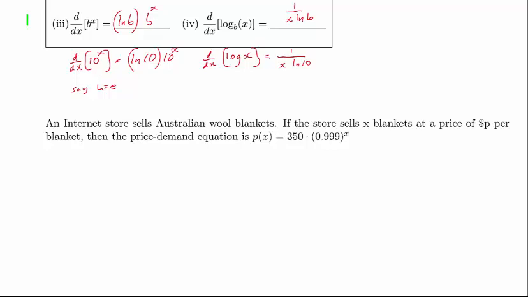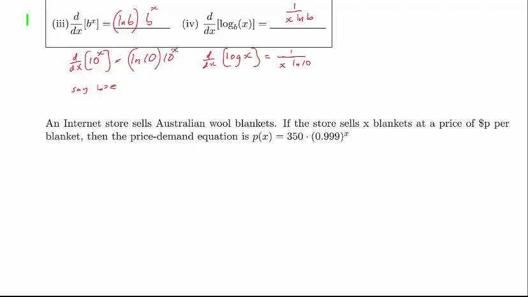All right, so in here we've got an internet store that sells Australian wool blankets. If the store sells x blankets at a price of p per blanket, then the price demand equation is given right here. And for this question, we want to know how the price changes as we increase or decrease the amount of blankets that we're selling.